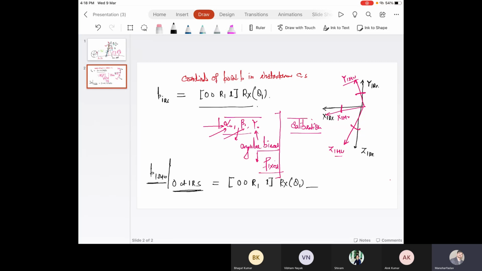So what should we write over here? What is the multiplying factor? We rotate about the x-axis by alpha naught.